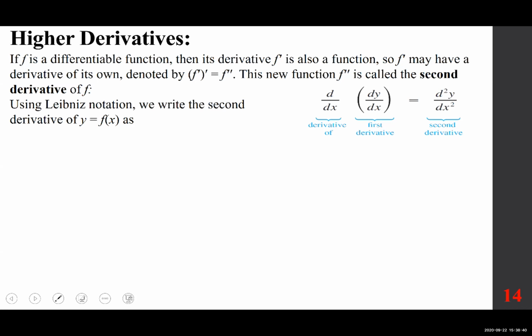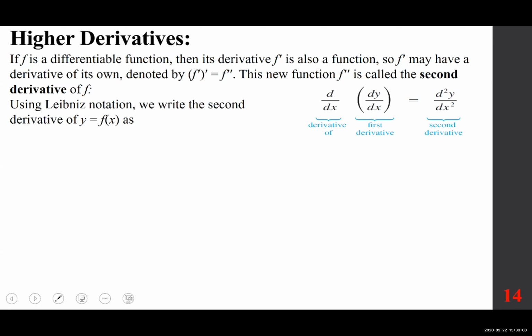By the way, speaking of the notation, dy dx is the Leibniz notation, okay? Because Newton and Leibniz were given the credit for inventing calculus, although calculus has been in the process for over 2,500 years. But anyways, they were given the credit.